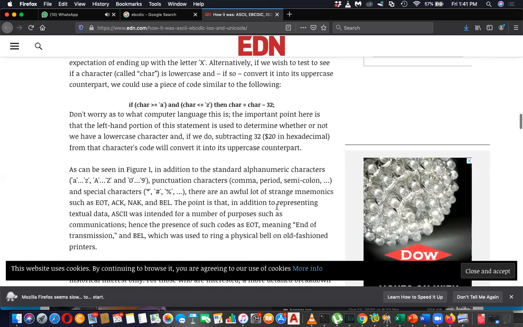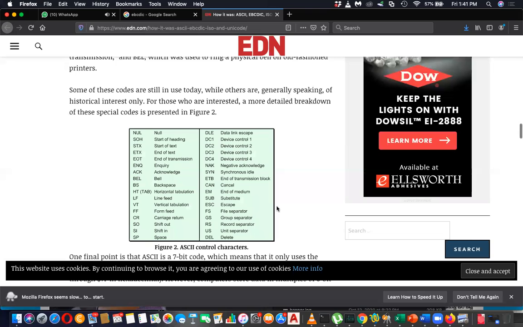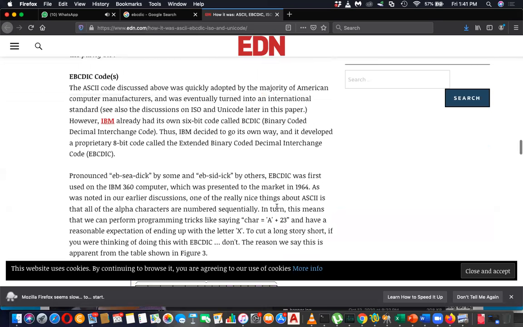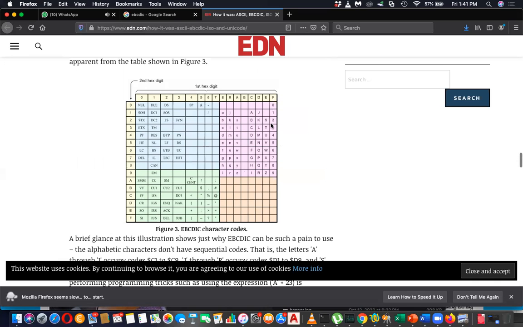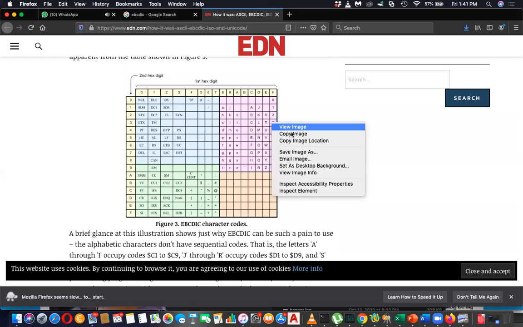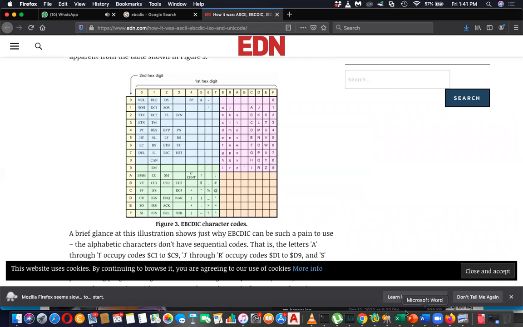Okay, so this has a long note, but I'm not going to go through that. This is EBCDIC. IBM introduced EBCDIC, Extended Binary Coded Decimal Interchange Code. I'll copy this so I can share it with you as a note.